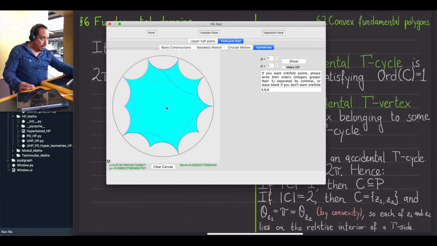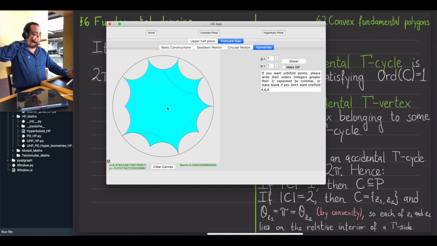Right? So this means the image of this point under any non-identity element is completely outside P bar, which means that when I take the gamma cycle that contains it, that is the intersection of its orbit with P bar, this intersection has only one element, namely that point of P. And for a point in P, the angle subtended by P is 2 pi because it's entirely contained in P, which is open, right?